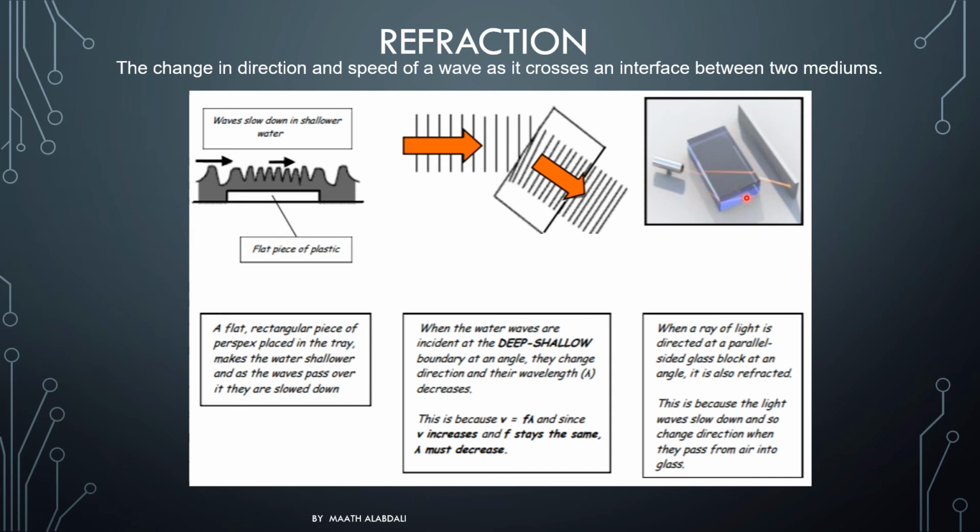The light waves slow down and change direction when they pass from air to glass, and then from glass to air. When they pass through the glass they slow down, and when they are out, they speed up again.